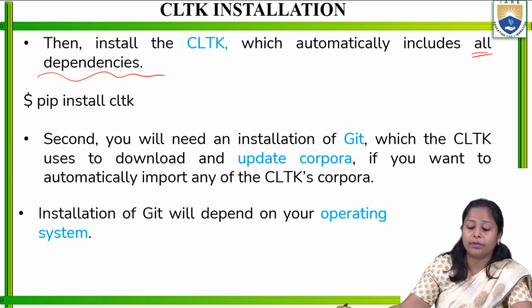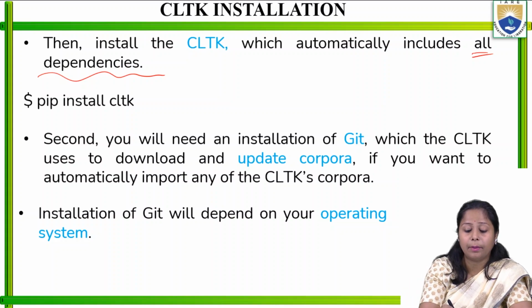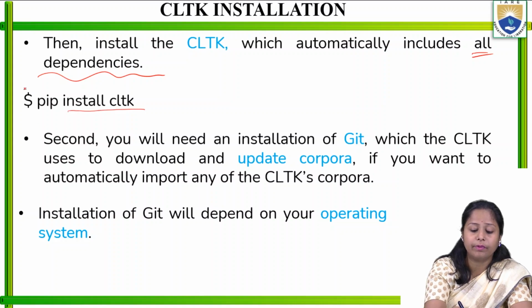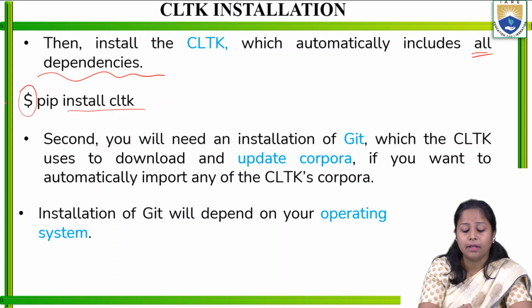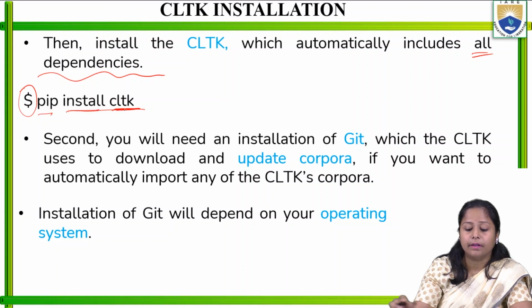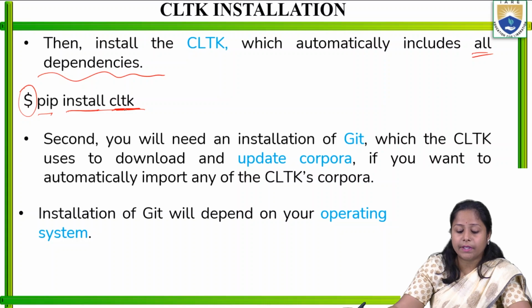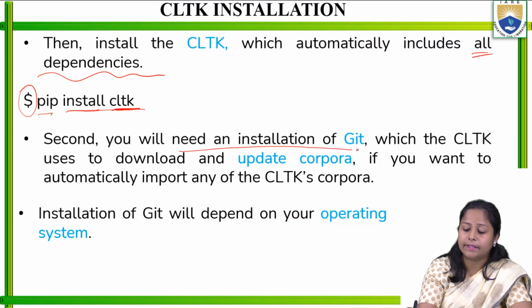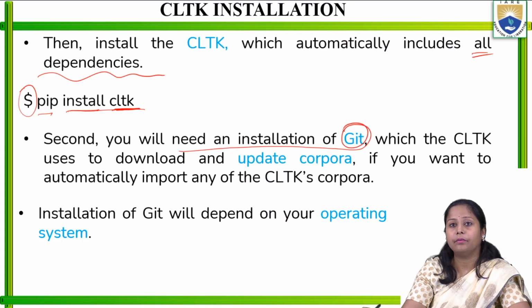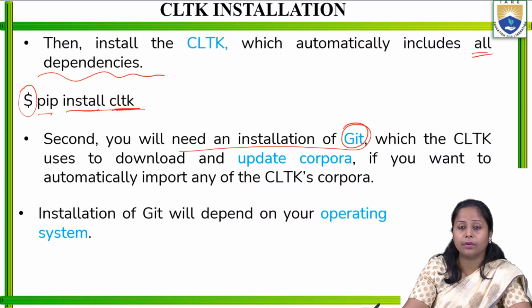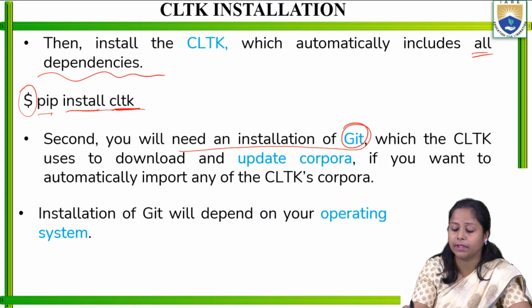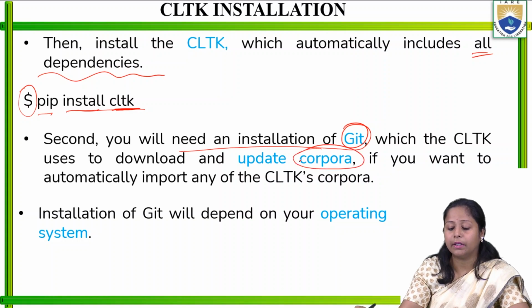So we write on the command prompt: pip install cltk. Next, we need to install git, which CLTK uses to download, create and update the corpora. Corpora is nothing but the number of documents that have already been kept in the CLTK library.